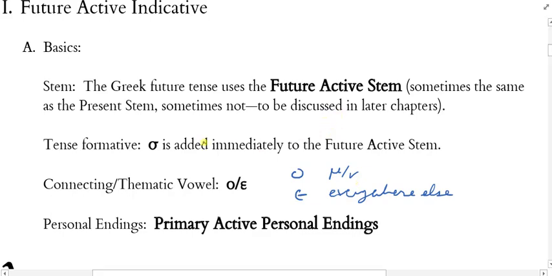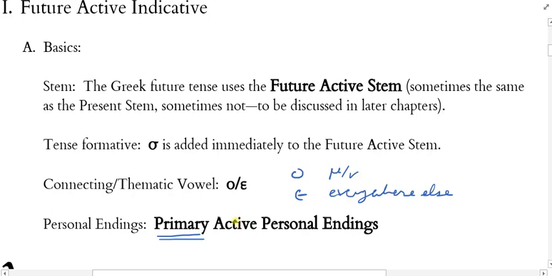So we don't have to worry about that, but it's the augmented tenses that use the secondary active personal endings. Since this is an unaugmented tense, we're going to be using the primary active personal endings that we've already learned for the present tense. So the good news here is that there's really not a whole lot new to learn in this chapter. All right?